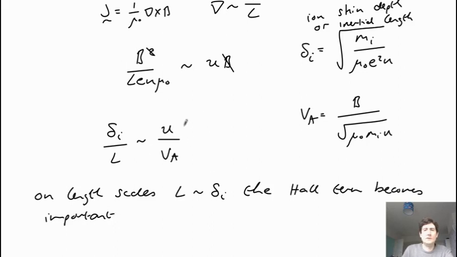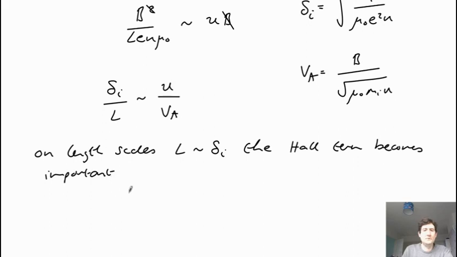Well, I note that this depends on the ratio of typical velocities to the Alfvén speed. So if the plasma is in fact not moving close to the Alfvén speed, if typical velocities are smaller than this, then this term can become important at larger scales as well. If your typical velocities are very small, then L can be quite large and Hall terms can still be important.